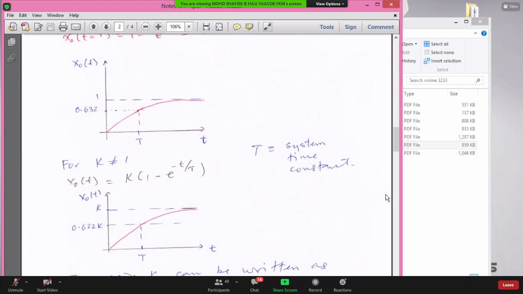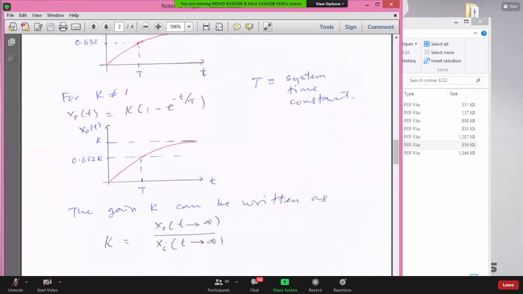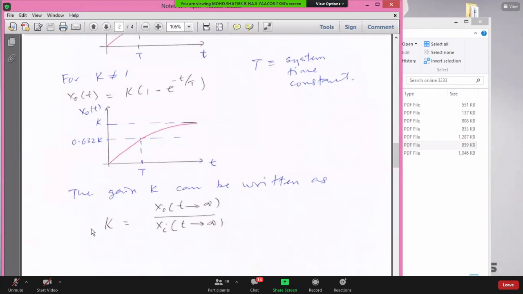Another observation that you can make here is that k is basically the ratio of the final value of the output divided by the final value of the input. See, x of O as t approaches infinity over x of I as t approaches infinity.